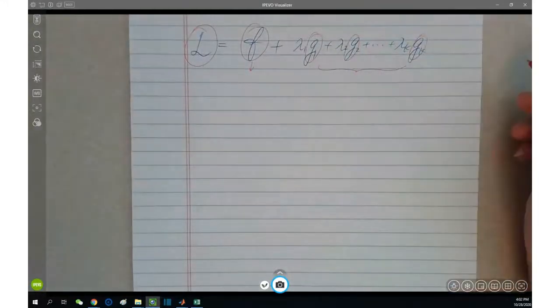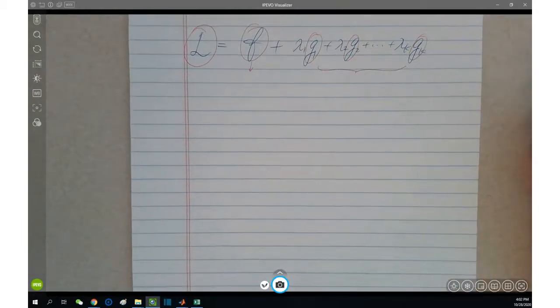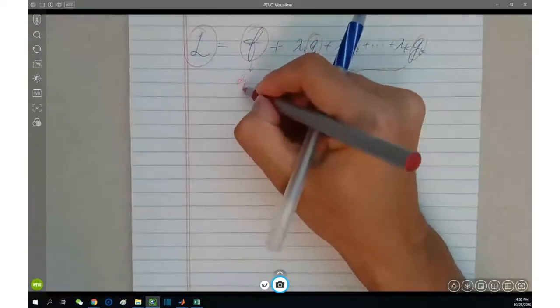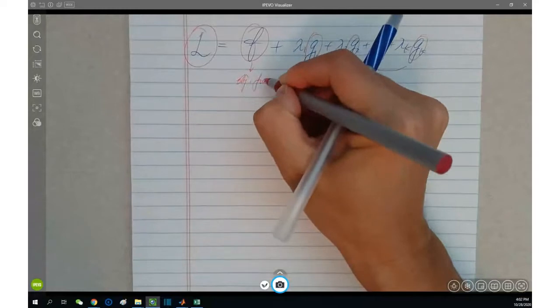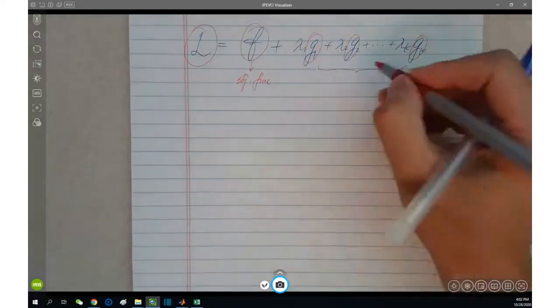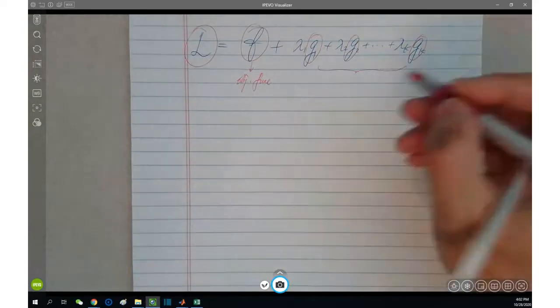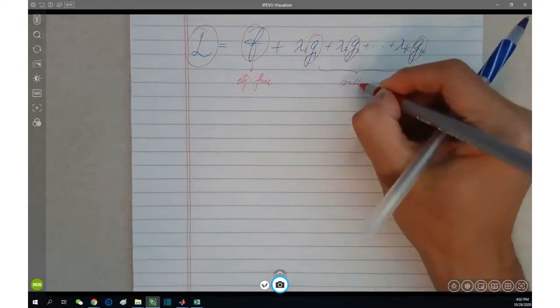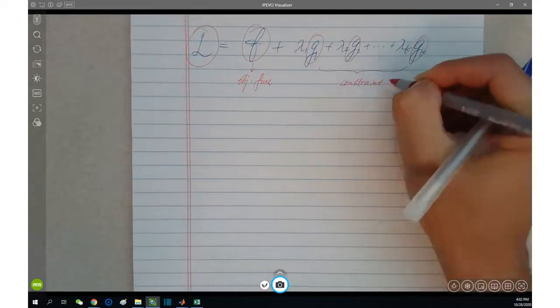Anyone remember? Was it the objective function? Objective function. Very good. Noah is right. The objective function. And the g's are the constraint functions, right?